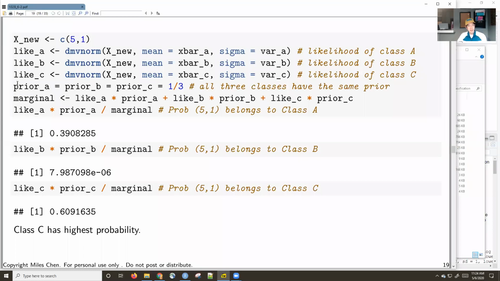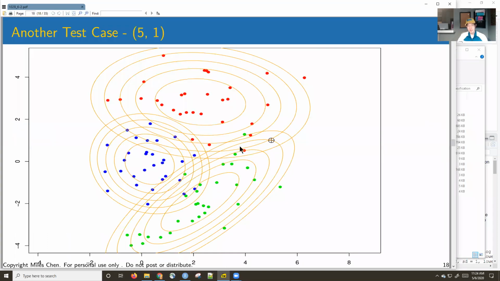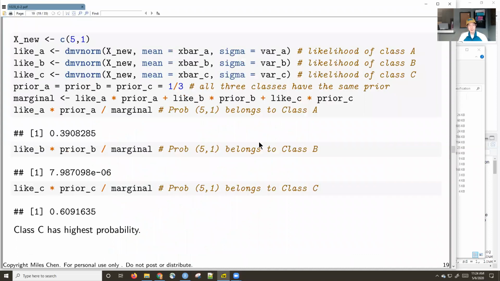Here are the prior probabilities. We get the marginal by doing likelihood times prior, the sum of the numerators. When we run these calculations, we get something around 39% for A, 61% for class C, and basically 1 in a million for class B. So it just favors class C a little bit more than class A here.